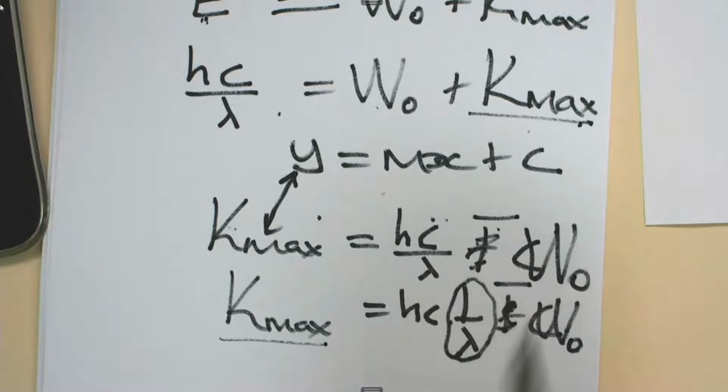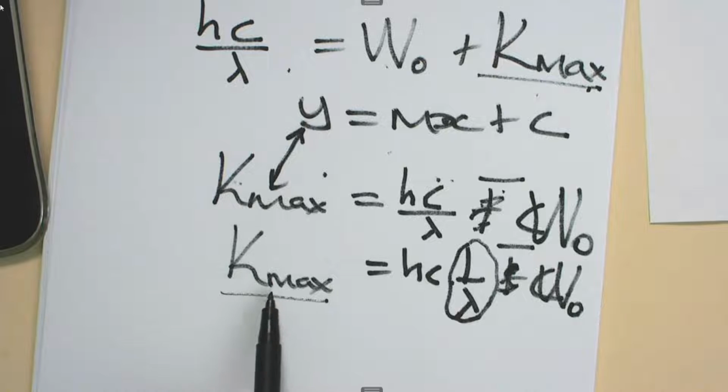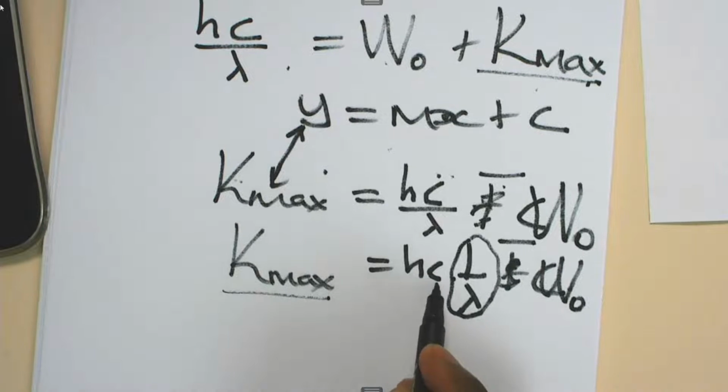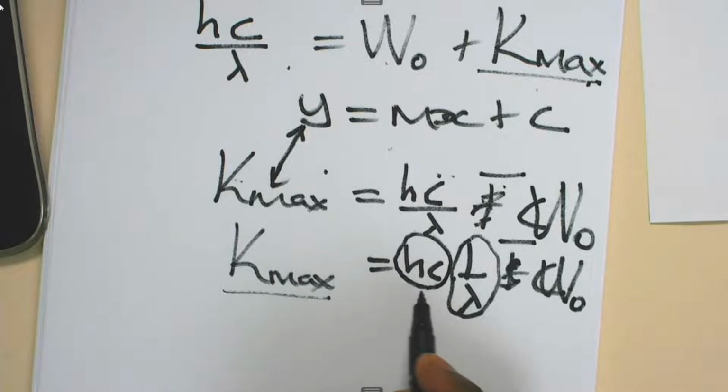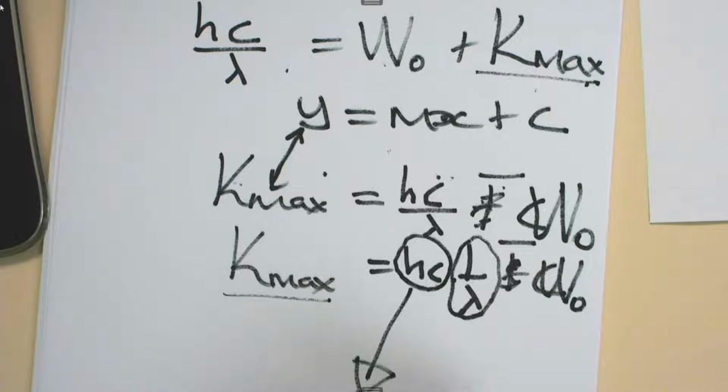And then here it is also our minus. So now that we have expressed this in terms of 1 over wavelength, you can see that in this case hc, Planck's constant multiplied by the speed of light, will be our gradient.